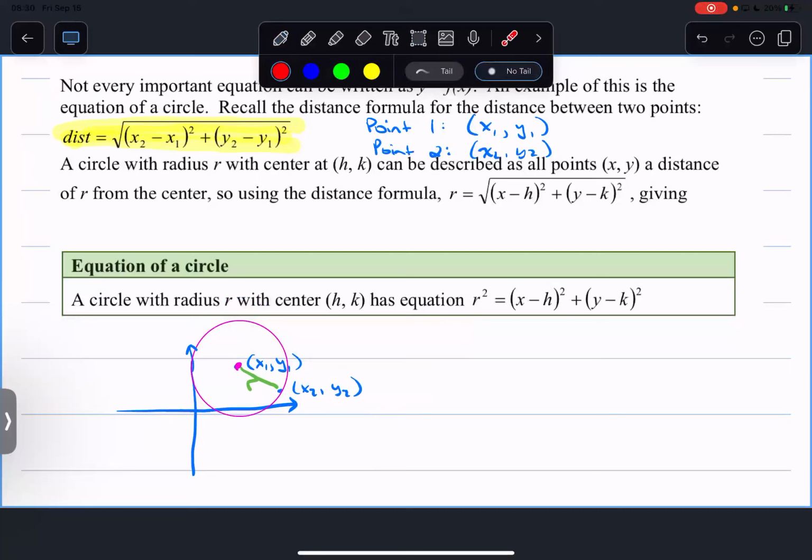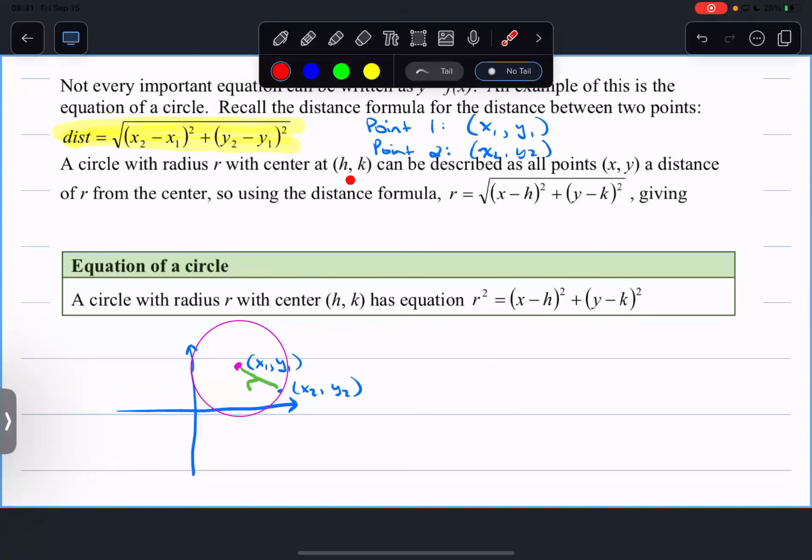Which leads us to the equation of a circle. Okay. We could say the radius is the square root of x minus h squared plus y minus k squared. And we're just using h, k as the center. In this case, we used x1, y1 as the center, but now just generically, we're going to use h, k. Now, typically, we talk about circles that are centered on the origin, which means that h, k is 0, 0.